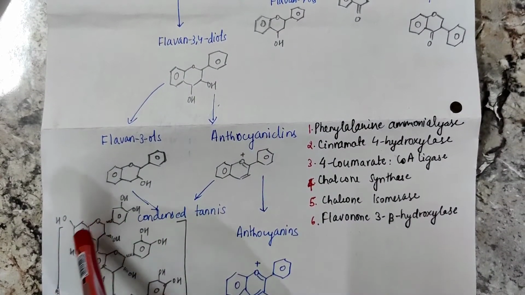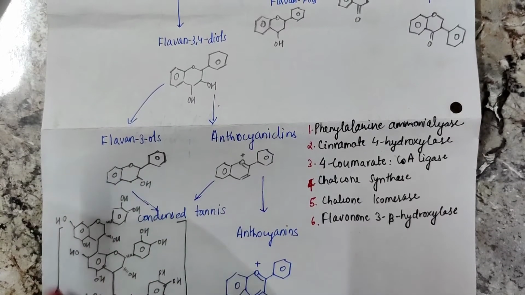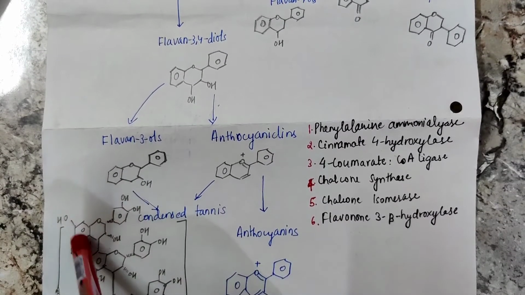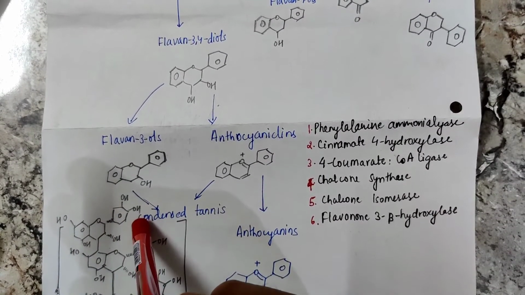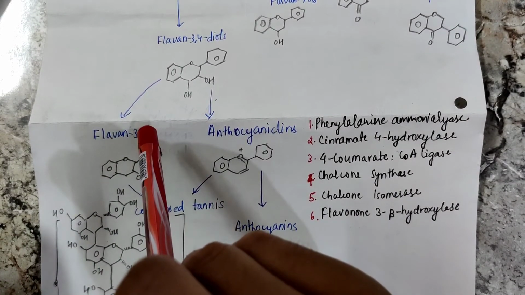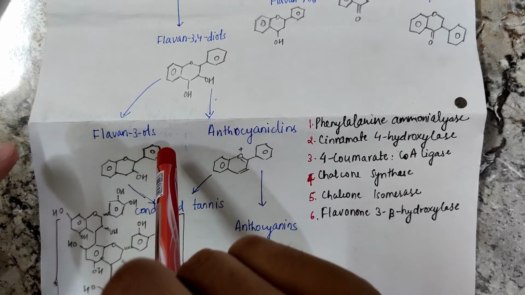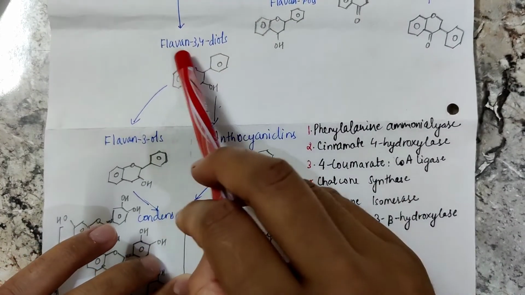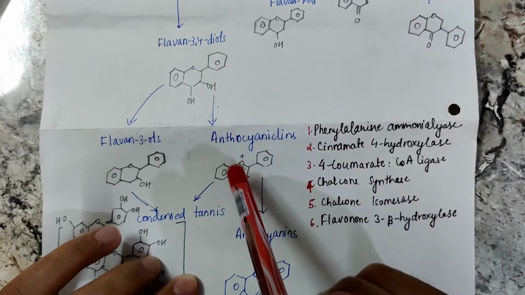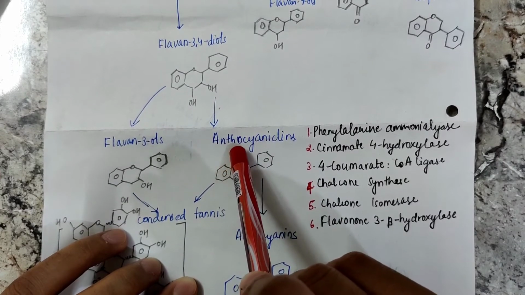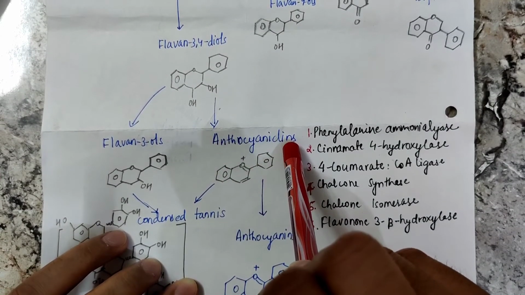So the structure of tannin will depend on what the starting material is. In this case you have many hydroxy groups attached here, but that will particularly depend upon which flavanol you are taking. Okay, now from flavan-3,4-diol you can also obtain the charged molecule, that is anthocyanidins.